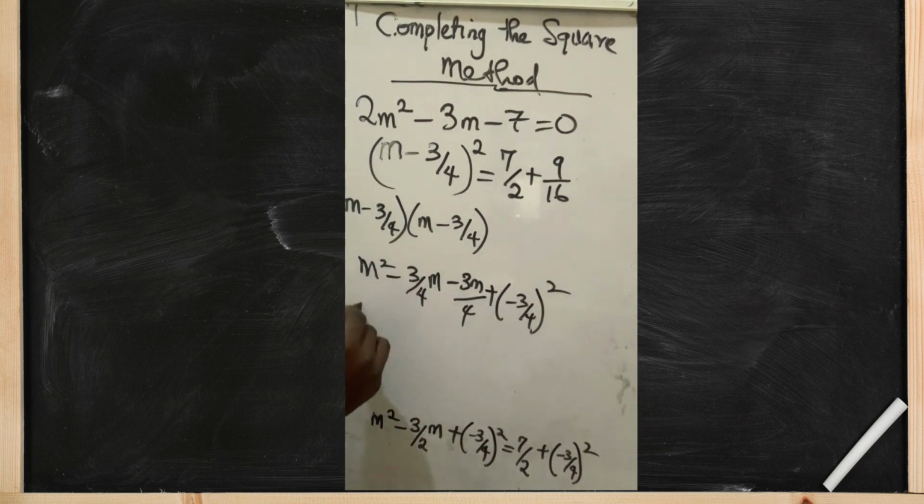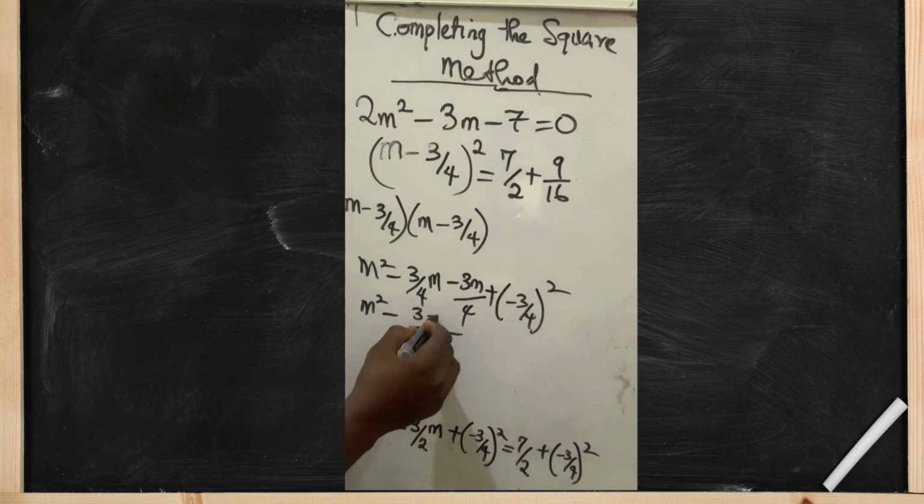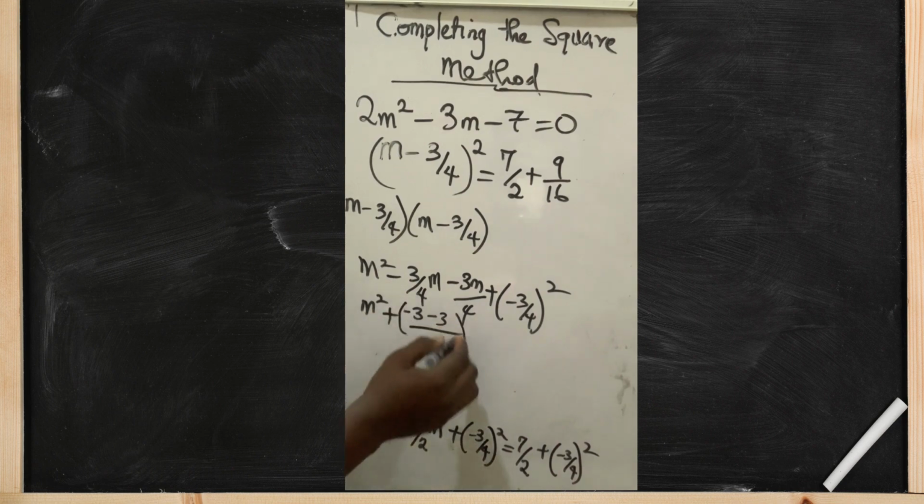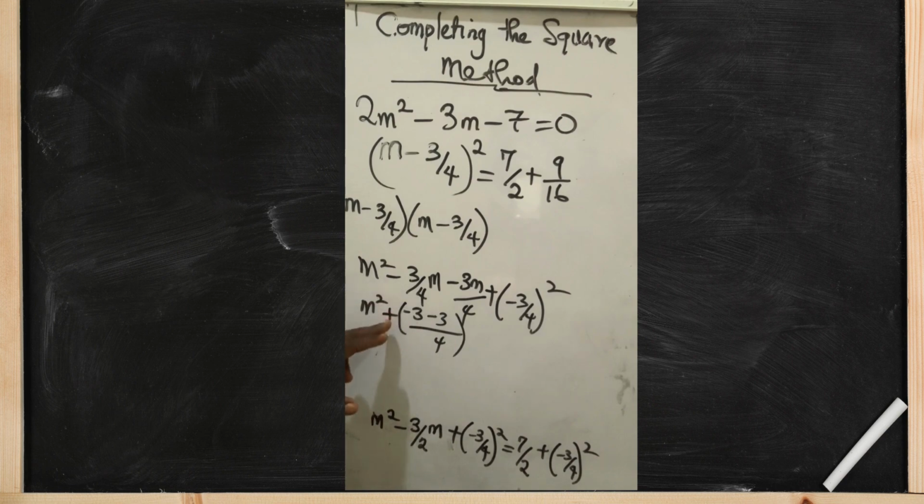So this will be m square minus, this is 4, and that's 3 minus 3, because it's going to be minus 3 minus 3. The reason I'm introducing this positive sign is just to separate this from the whole thing.